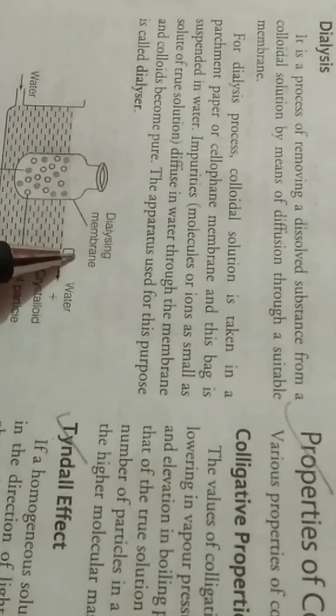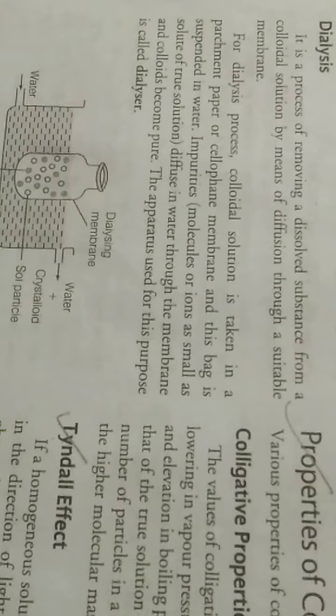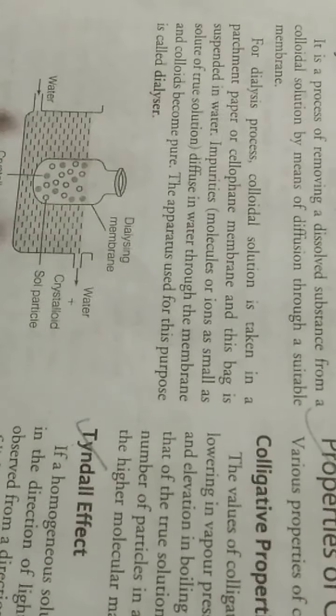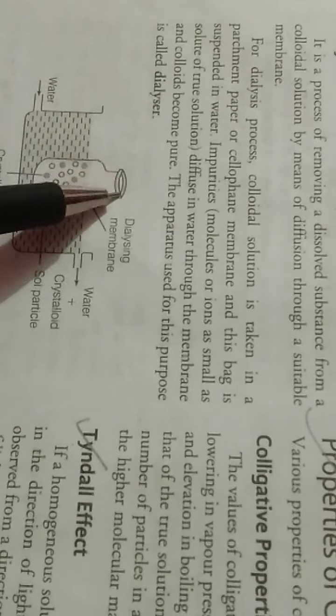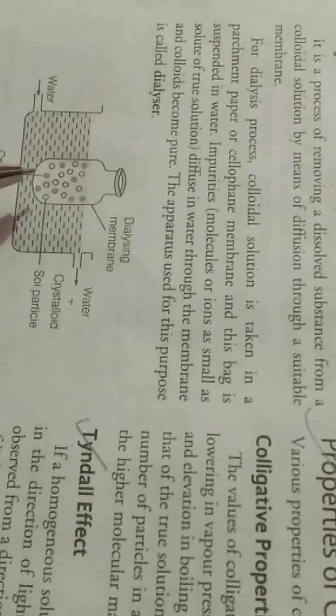Now children, you can see this is a container having water in it. Now what happens? We'll put in this a bag that is made up of parchment membrane or a cellophane membrane.